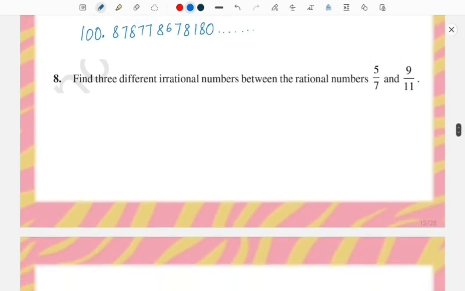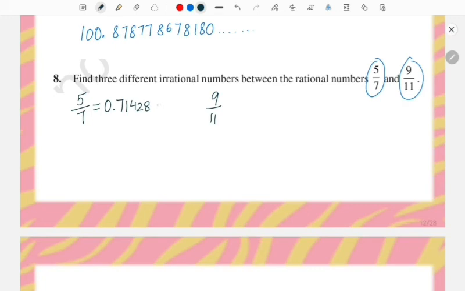In the next question, we have to write 3 different irrational numbers between rational numbers 5 by 7 and 9 by 11. Now to find irrational numbers between these 2 rational numbers, what do we have to do? First, let's find out the decimal expansion of these numbers. 5 by 7 is equal to 0.71428.